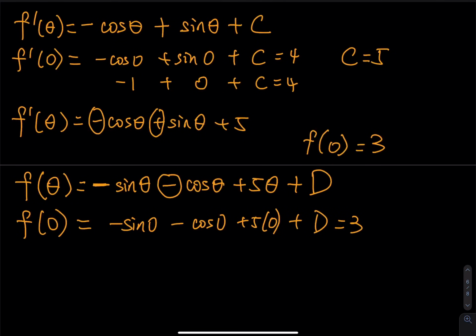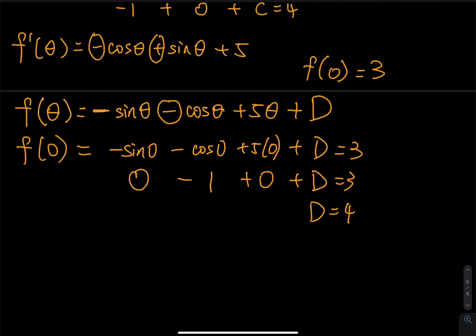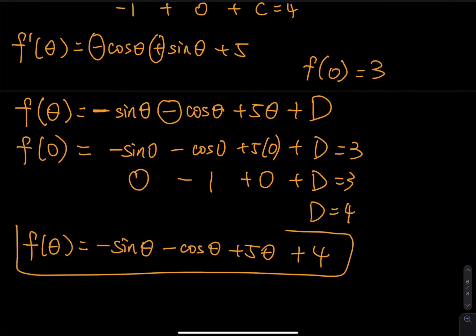This is 0, 1, 0, d equals 3. So d is equal to 4. And then you have f of theta equal to negative sine of theta minus cosine of theta plus 5 theta plus 4. So that is called the particular solution.